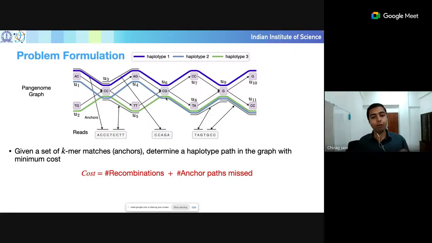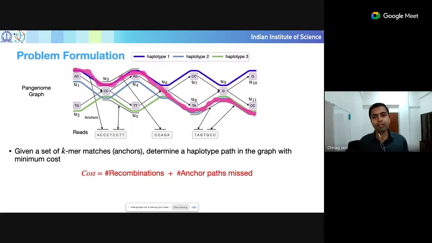Plus, I would also penalize any anchors missed in the inferred haplotype path. That is, if my haplotype path does not include a k-mer match, I would penalize for missing this k-mer match, because that means my haplotype path is not fully agreeing with the given sequencing reads.